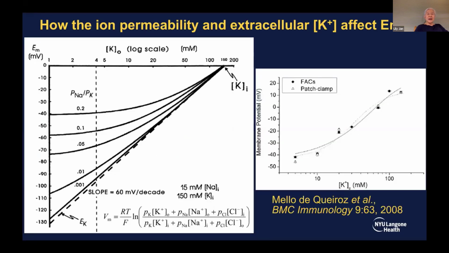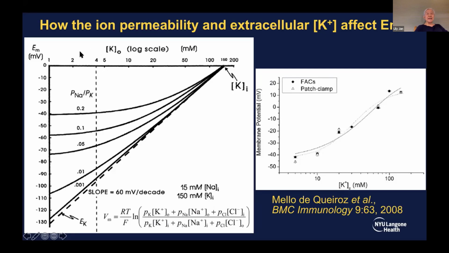So the plot on the left is an example, just to get a sense of how the membrane potential would depend on the permeability of sodium and potassium, and typically it's a small number, and also on the potassium concentration.